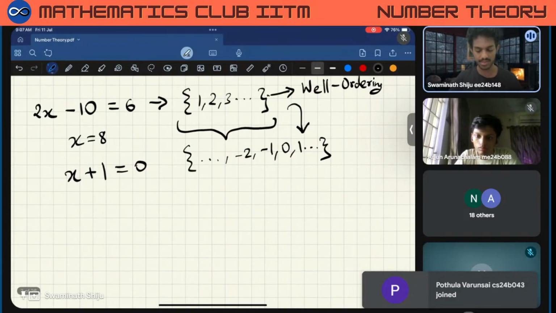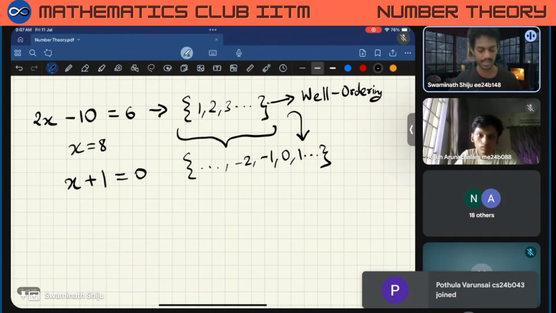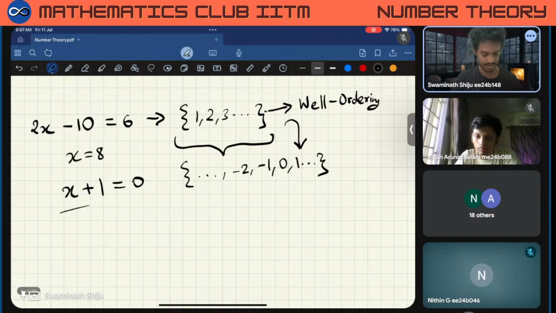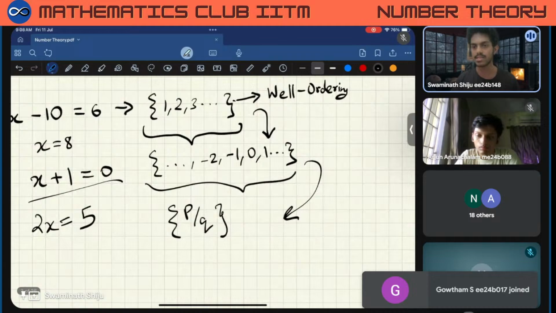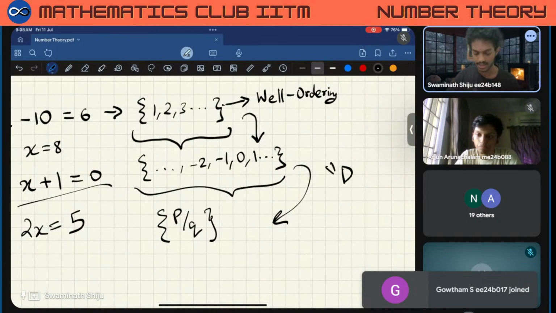We lose well ordering when we go from positive to negative numbers. Now, negative numbers are also good. They have some structure. But then you can still make equations like 2x equal to 5, obviously. So this one, you again have to extend to include rational numbers. What do you lose here? Here you lose the sense of discreteness.